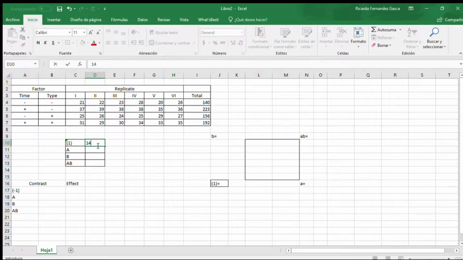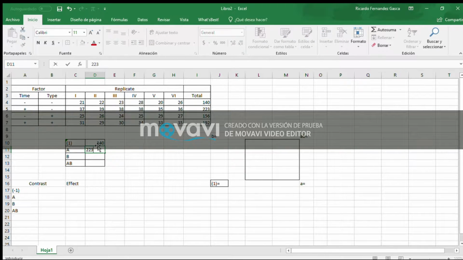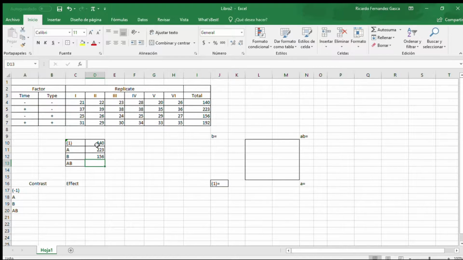So here is 140. Then A, when A is positive, we set it the time. So it's 2, 3. Then when time is negative 1 and the type is positive 1, we say it's B. And then the interaction, or what we call when both are positive, it's 192.